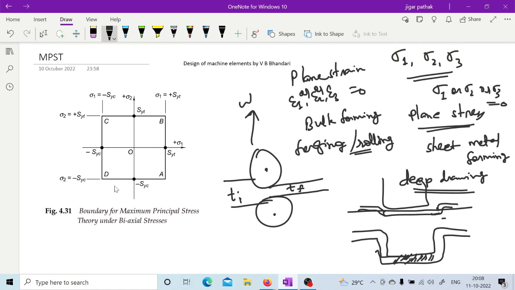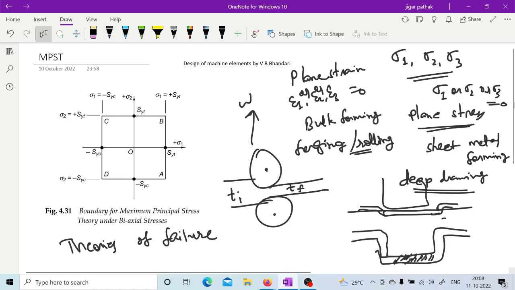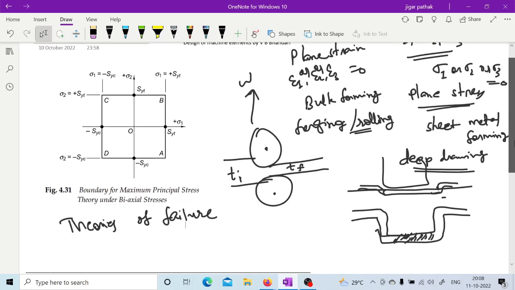So what we are going to see now is theories of failure, right? There are various theories of failure. Whatever we are going to discuss is the elastic failure theories.